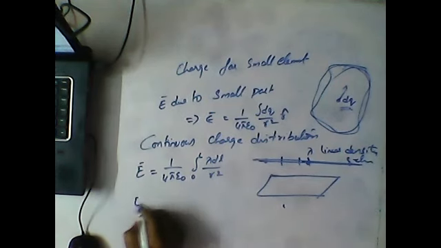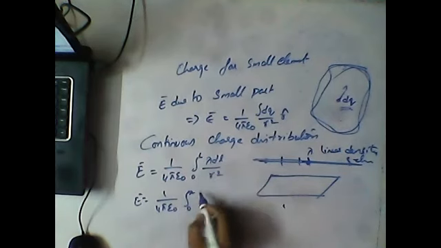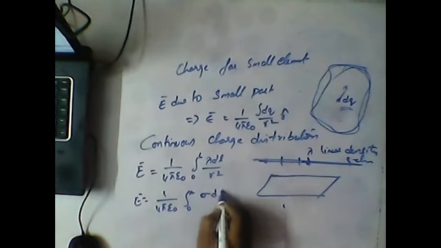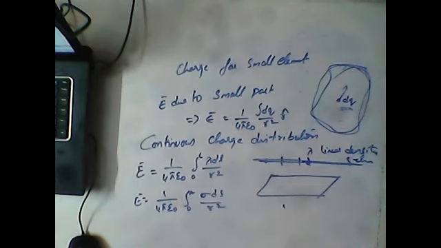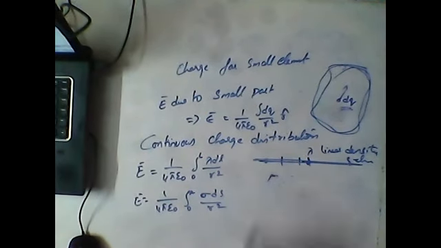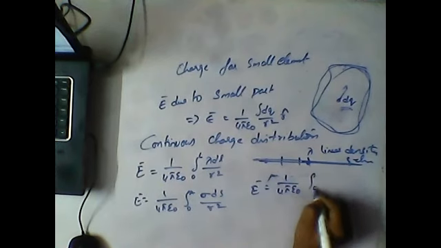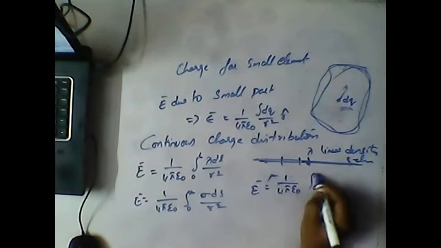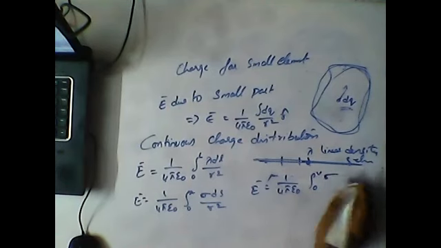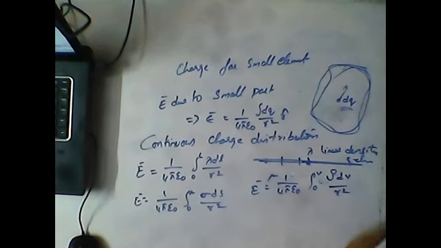Similarly, for two-dimensional, we can write E is equal to 1 by 4 pi epsilon, where we have area, integration of sigma ds by r square. Similarly for volumetric, we can write E bar is equal to 1 by 4 pi epsilon integration over volume of rho dv by r square.